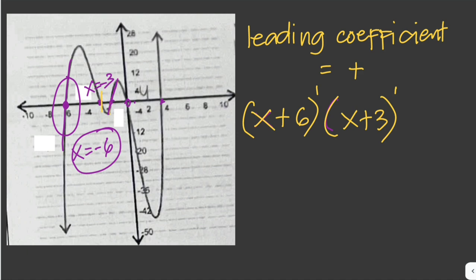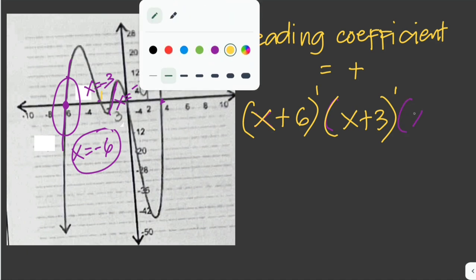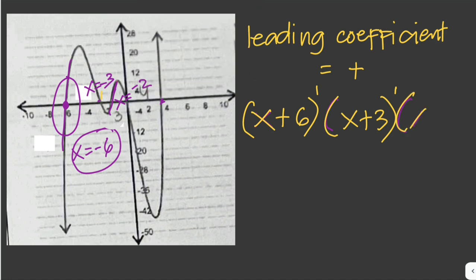The graph here again crosses the x-axis at x equals -2. You can write that as x plus 2, single multiplicity, a single zero.